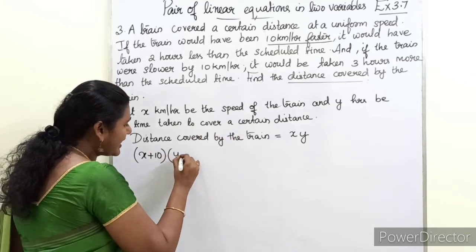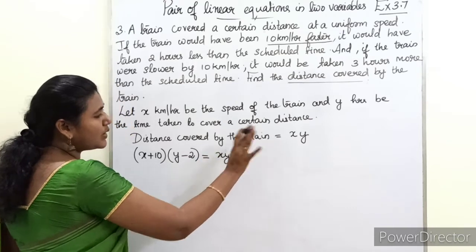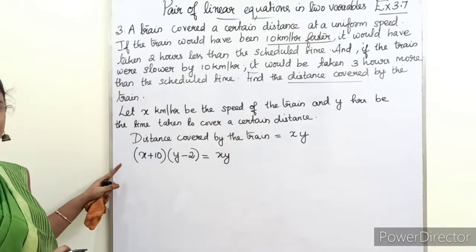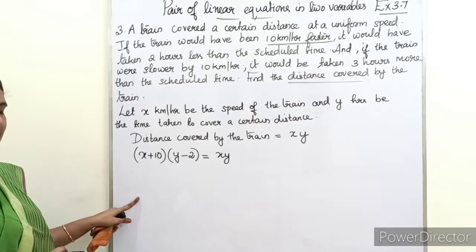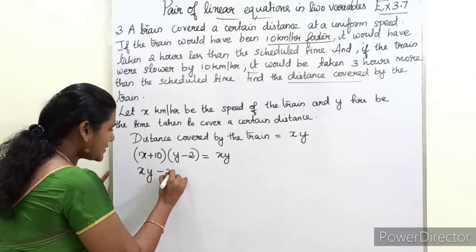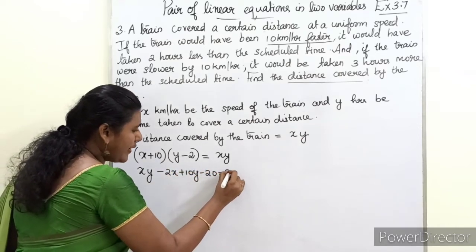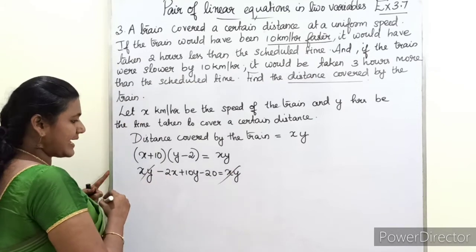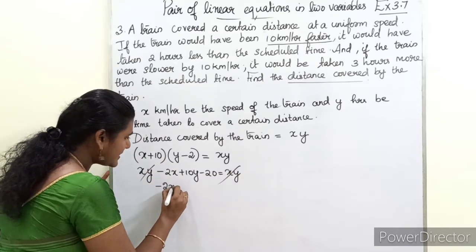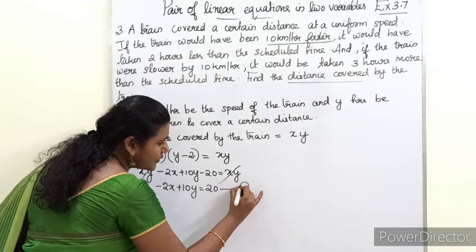So the new time will be y minus 2 and it will reach that particular distance, that is xy. So this is our first equation. We will simplify this. That is xy minus 2x plus 10y minus 20 is equal to xy. So here xy will get cancelled and you will get minus 2x plus 10y is equal to 20. This is the first equation.